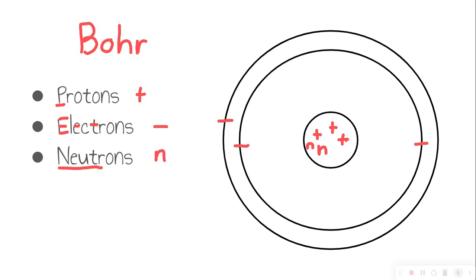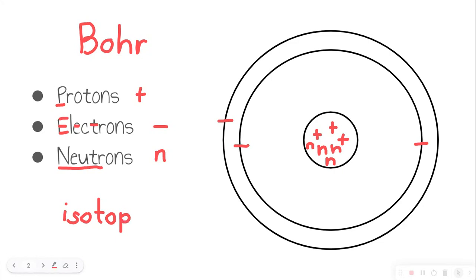It has 3 protons, 3 electrons, but it could have 1 neutron, it could have 2 neutrons, it could have 3, it could even have 4 neutrons. And these variations are called isotopes. Right now you don't need to worry about what each of the different isotopes is. You just need to know that the isotopes are a variation in the number of neutrons. This is called an isotope.